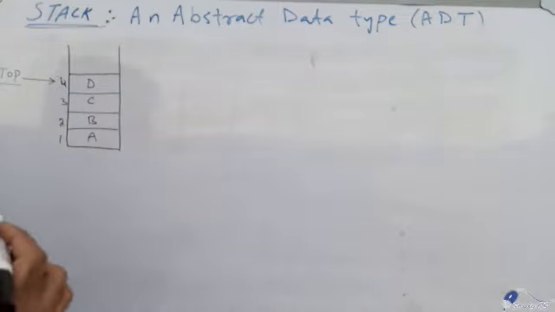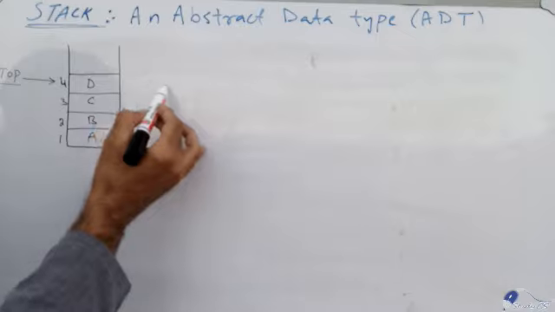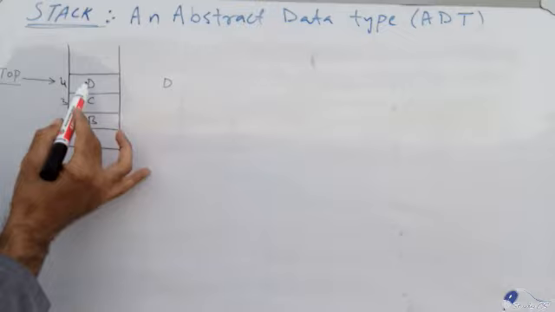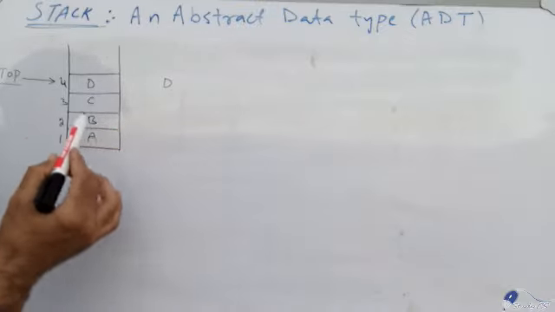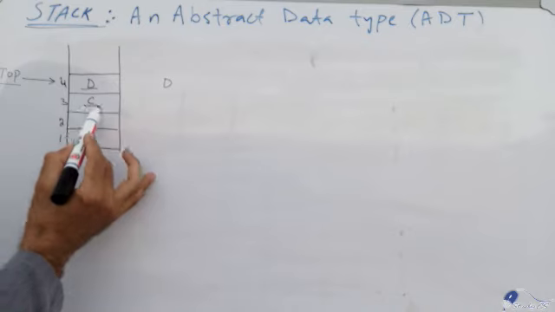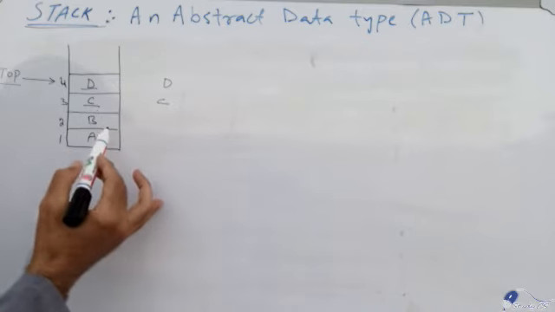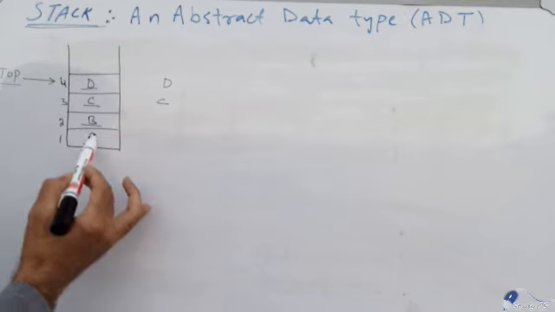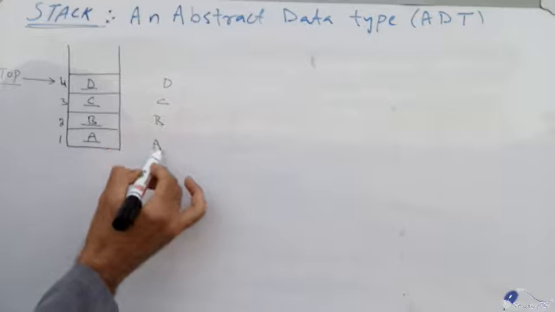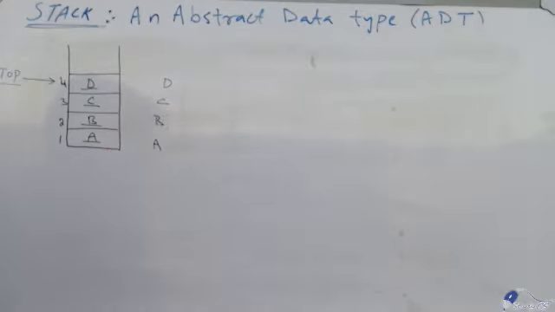Now if we want to delete an element from the stack, we can only delete D first. If we want to delete C, we cannot delete C without deleting D. The element which will be deleted first from the stack is D. After deleting D, we can delete C. Then we can delete B. Then at the end we can delete element A. So that's why we say the elements are removed from the stack in reverse order of the order in which they were inserted.